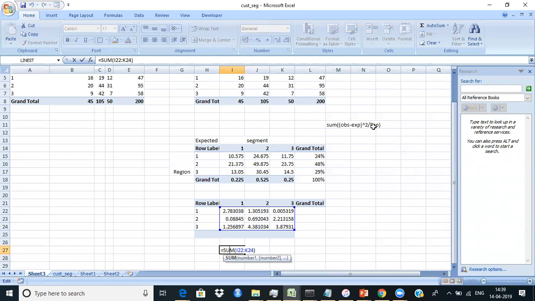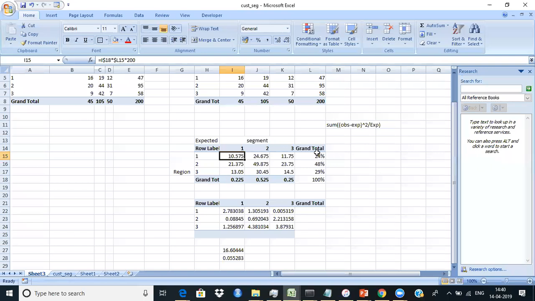Sir, how do you calculate expected? Where did you get 10.575? Can you repeat again? Yes. So if the probability of getting a head is 0.5 and probability of me going out today is 0.5, what is the probability of getting a head and going out? 0.5 into 0.5, right? Yes.